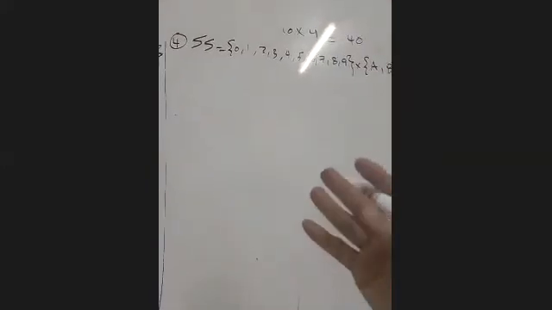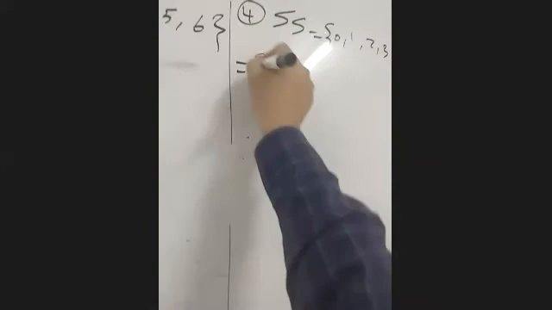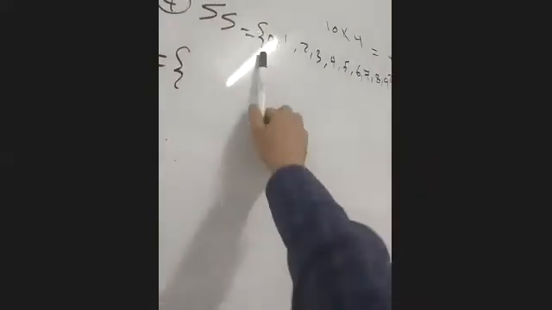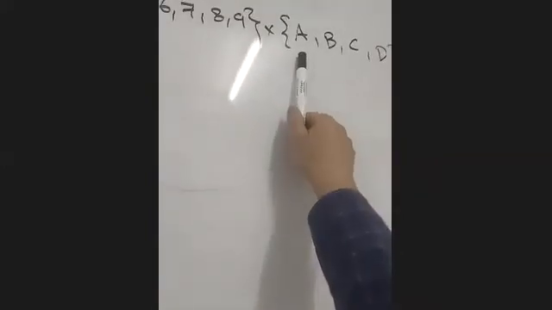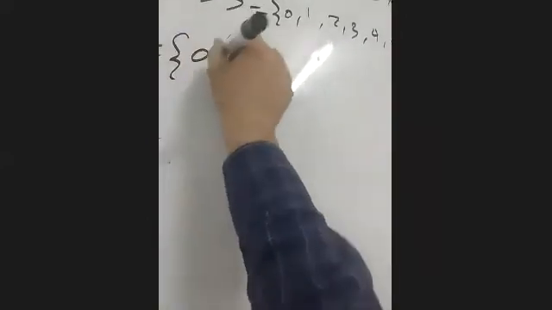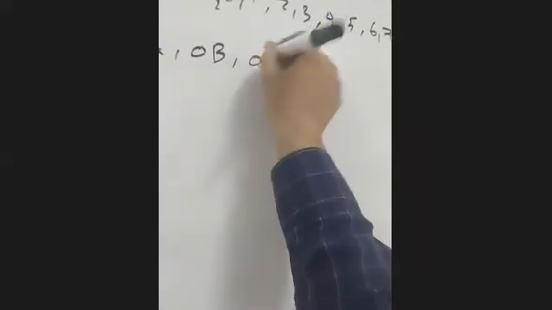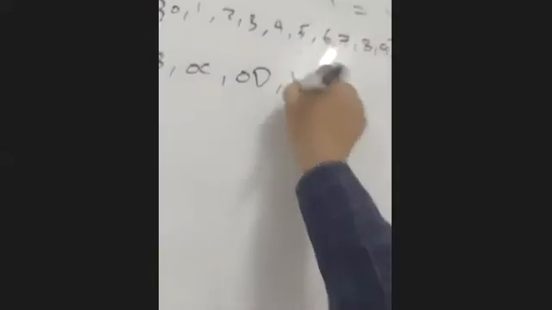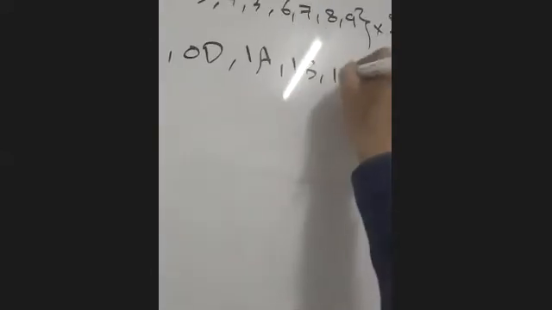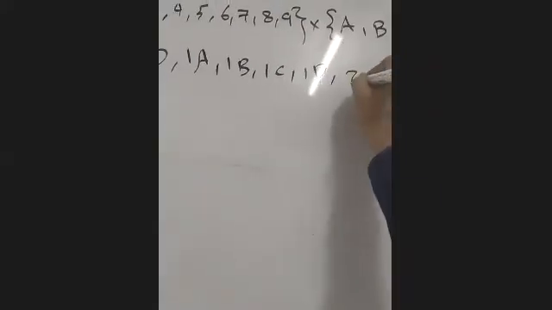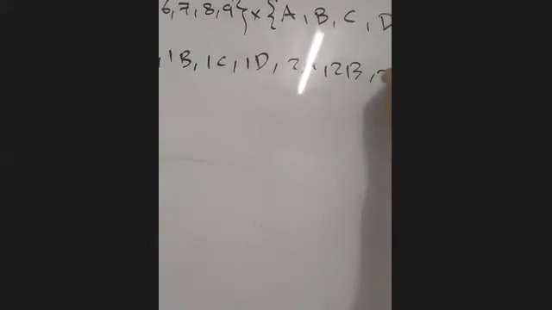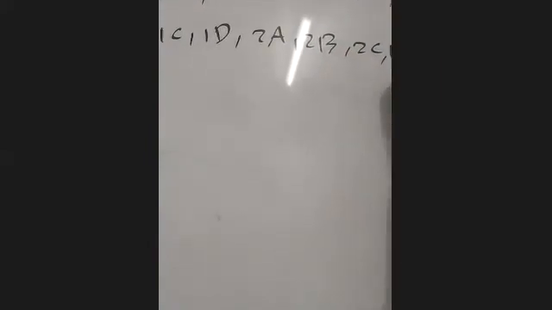How does the sample space look like? 0 with A, 0A, 0B, 0C, 0D. Then 1A, 1B, 1C, 1D, right? 2A, 2B, 2C, or 2D, right?